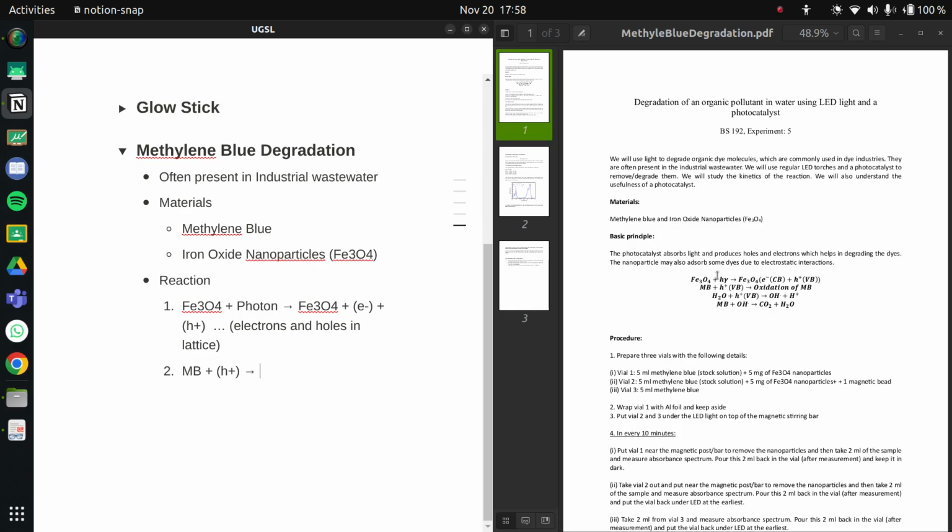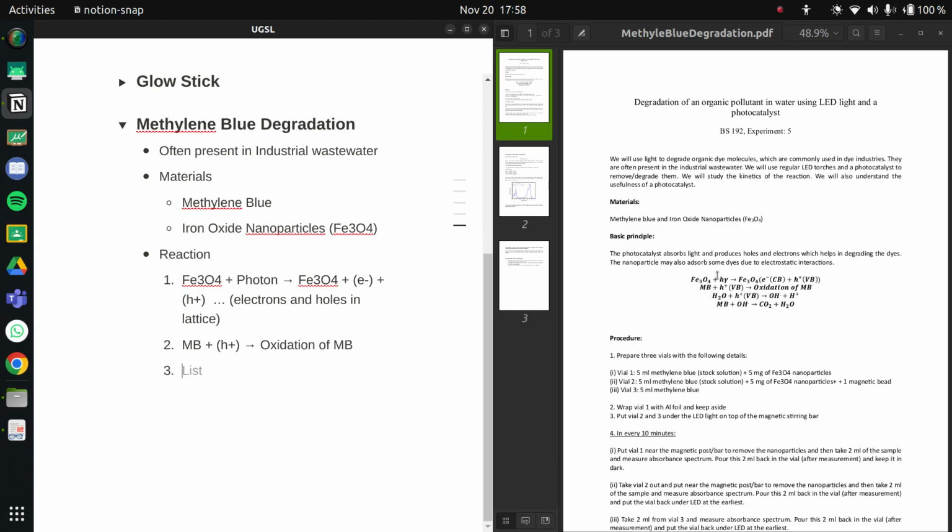Okay. So MB is just methylene blue, sorry. Then water plus the hole gives OH plus H plus. Okay. So oxidation happens. So you actually have a plus charge somewhere. Amazing. And then MB plus OH gives CO2 plus H2O.